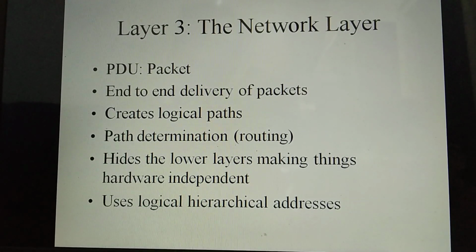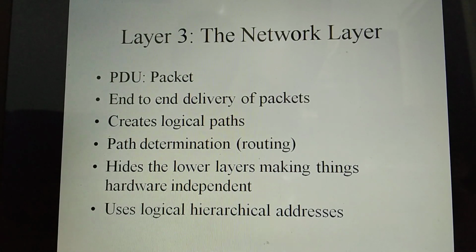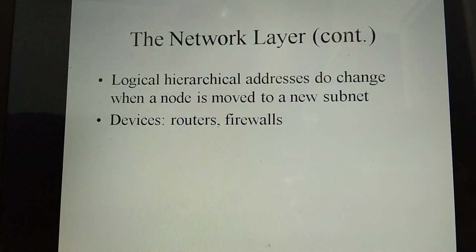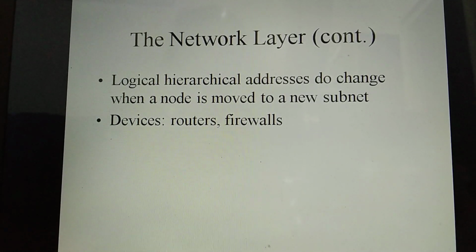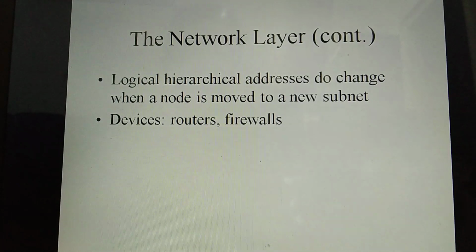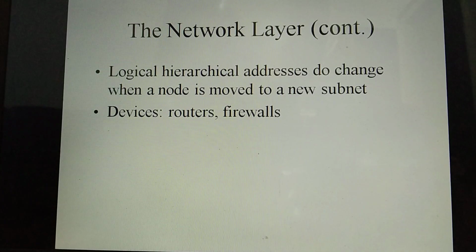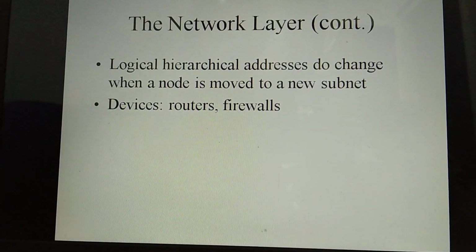It hides the lower layer, making things hardware independent. So it concentrates more on the logical hierarchical addresses. And the logical hierarchical addresses do change when the node is moved to a new subnet. And the devices at this level are routers and firewalls.